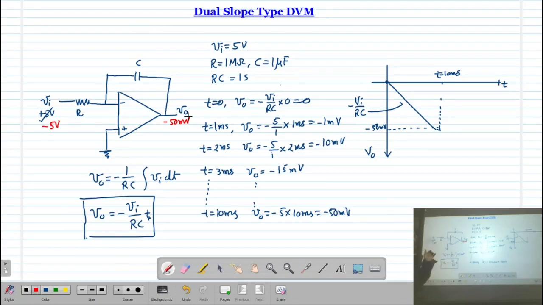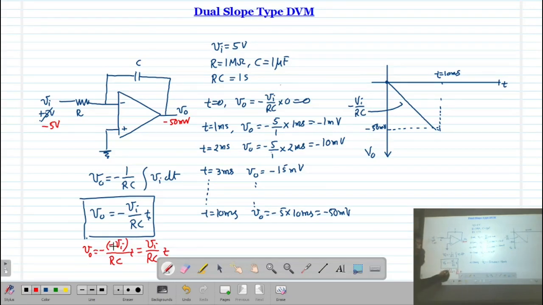Then what will be the expression? The output voltage VO will be equal to minus, now minus Vi is there, divided by Rc into T. So now this will be Vi by Rc into T.